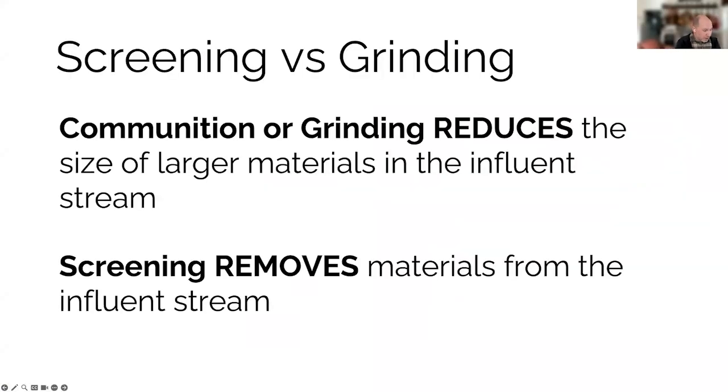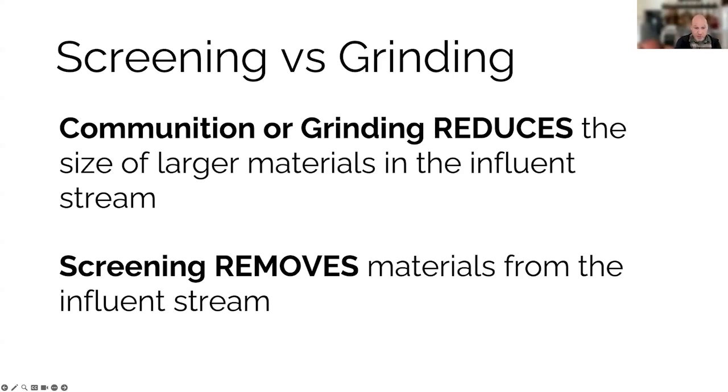Some things to remember when you're talking about screening and grinding, because we've talked about both. Comminution, or grinding, just reduces the size of the larger materials in the influent stream. And that is good because it helps it move through equipment without jamming up pumps, but you still have to get rid of it. The screening processes actually remove material from the influent stream, and how well they do that depends on the size of the screens.